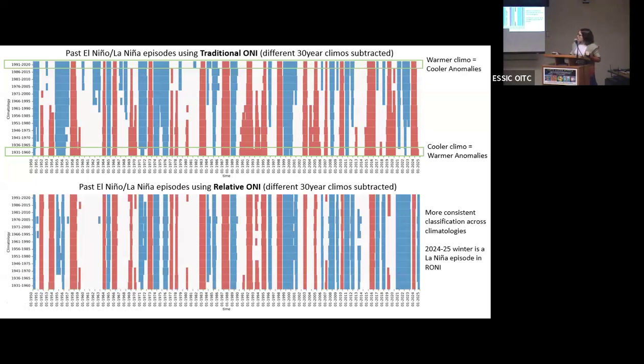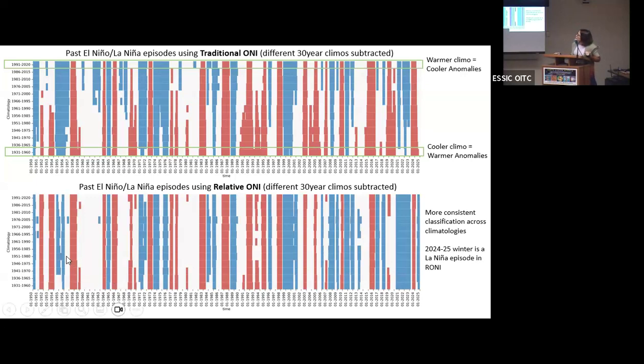And what's nice here is you really don't see all the reds down here and then all the blues up here. If anything, you see a little bit more vertical alignment, especially as you get into these more modern climatologies. The reality is we're using some climatologies here that predate the point where the uncertainty in the ERSST starts blowing up, around World War II and so on. So there's probably a lot more uncertainty in this earlier part of the record.